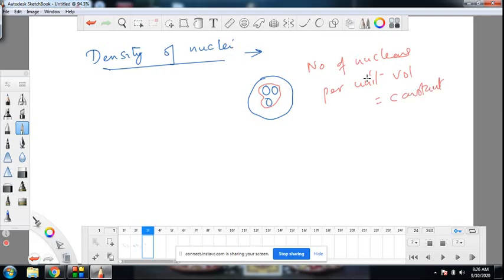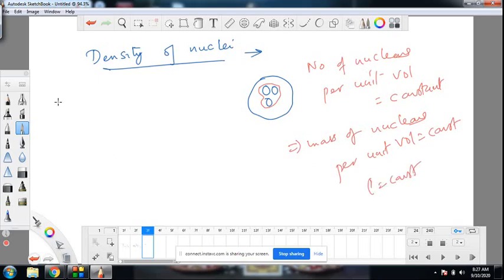And roughly the neutron and proton masses are almost the same. So the mass per unit volume is constant. Number of nucleons per unit volume is constant, which means the mass of nucleons per unit volume is constant. What that means is density is constant.